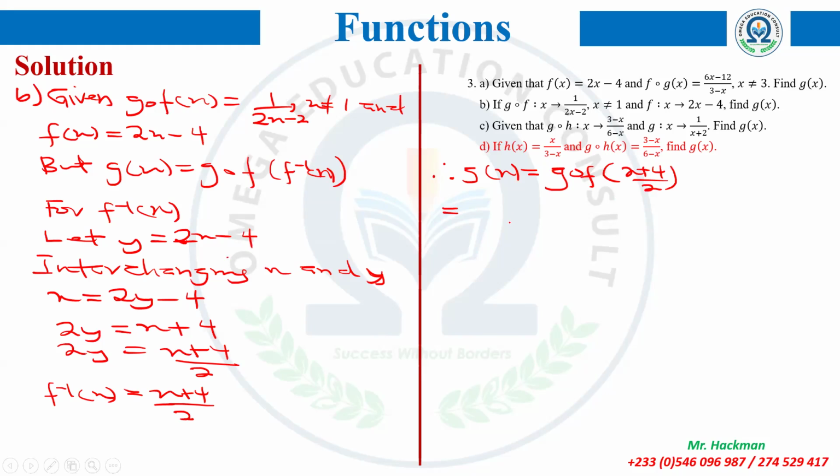Anytime I move to the next line, I write close to the margin. Now g of f, your function of interest, wherever you see x, it becomes x plus 4 over 2. We've done this kind of algebra in functions before: 1 over 2 into x plus 4 over 2, but that's not all, then minus 2. So let me extend this minus 2. All correct, or if you want me to come again, you tell me.